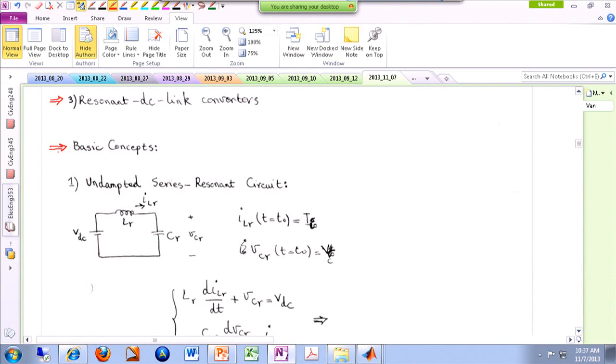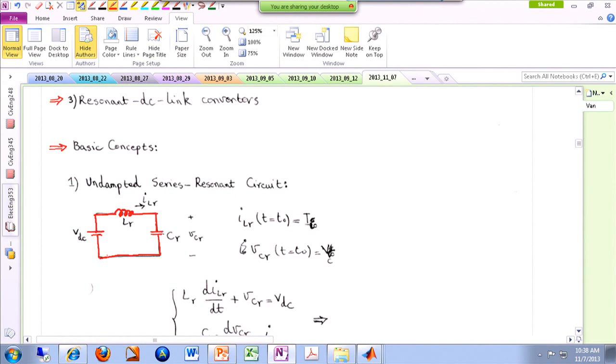But anyway, I've listed them over here as basic resonance topologies or basic concepts. So in analyzing a soft switching or a resonant converter, sometimes you find yourself with this circuit: you have a DC source, or it could be a very large capacitor, and then you have a resonating small inductor and a resonating small capacitor placed in a loop. So this is like circuit one.